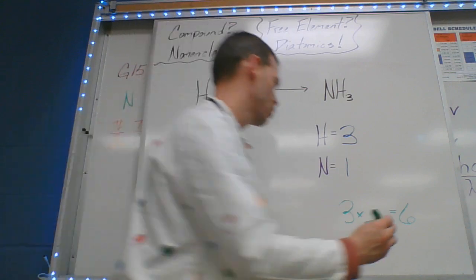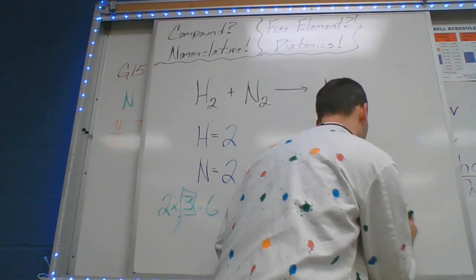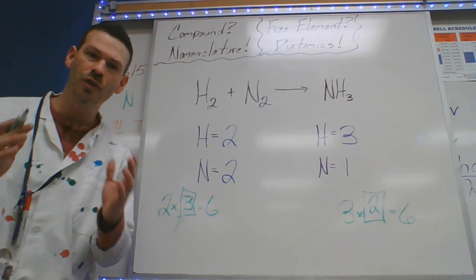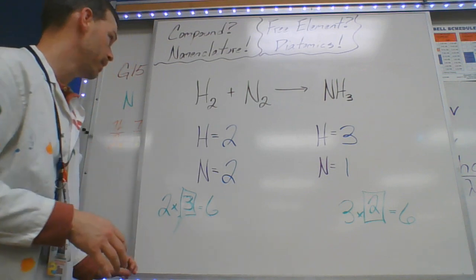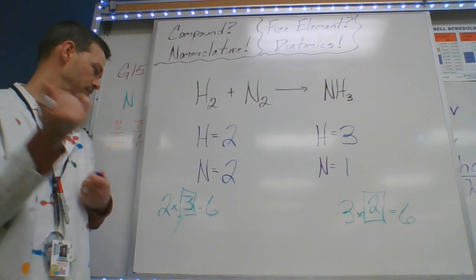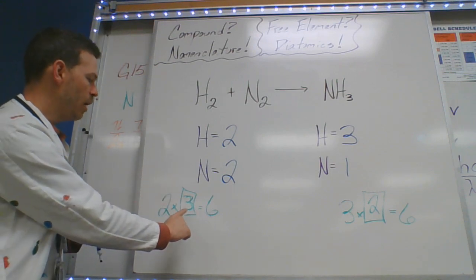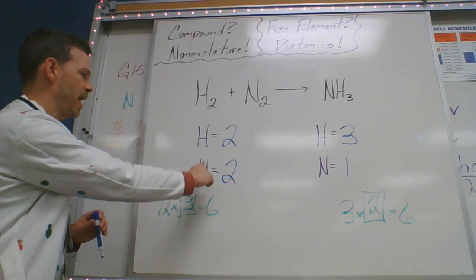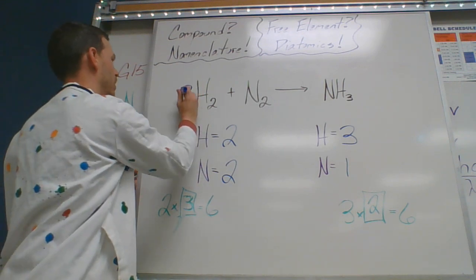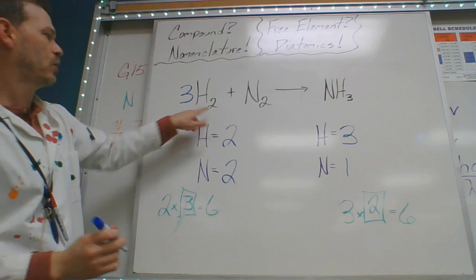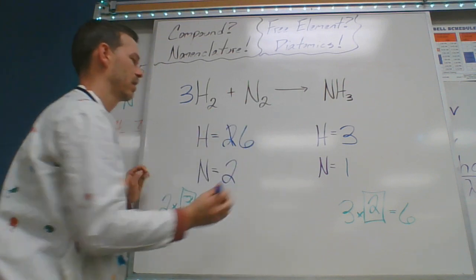And over here is 3 times 2. And those are the coefficients that are going to fix our problem here. So I want this 3 to affect the reactant hydrogen, which is located right there. 3 times 2 is 6.